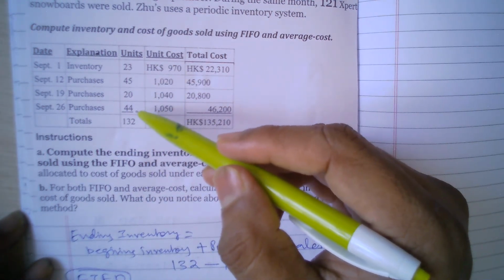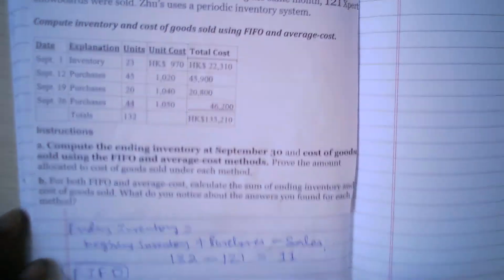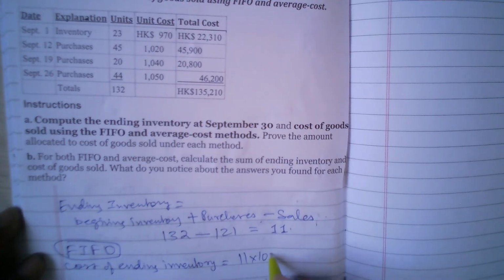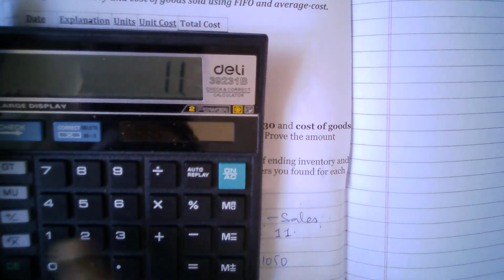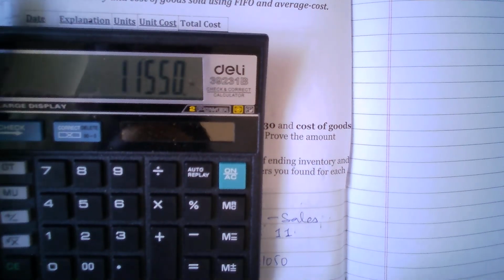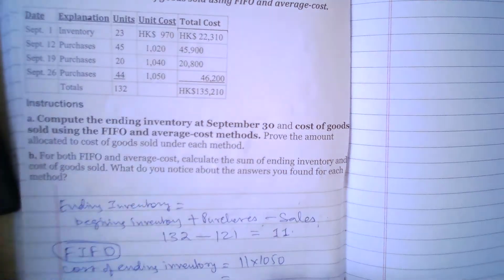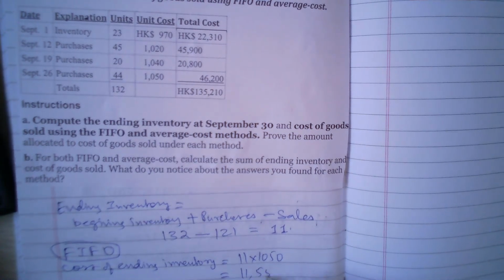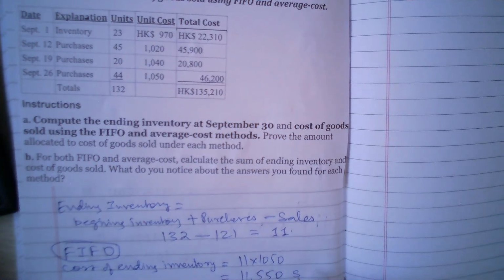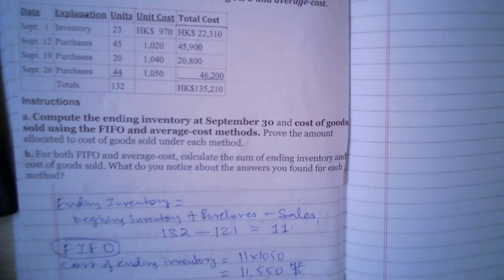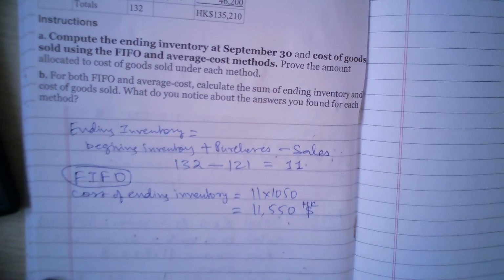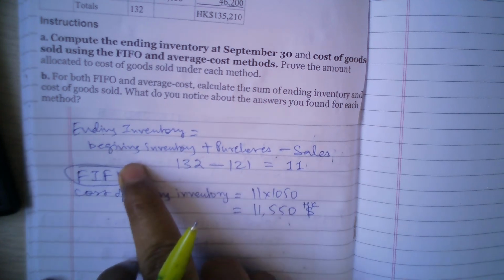Out of this 44, 11 are remaining. 1050 is the cost. So 11 into 1050, and I'm getting 11,550 HK dollars. This is the cost of ending inventory in the case of FIFO.